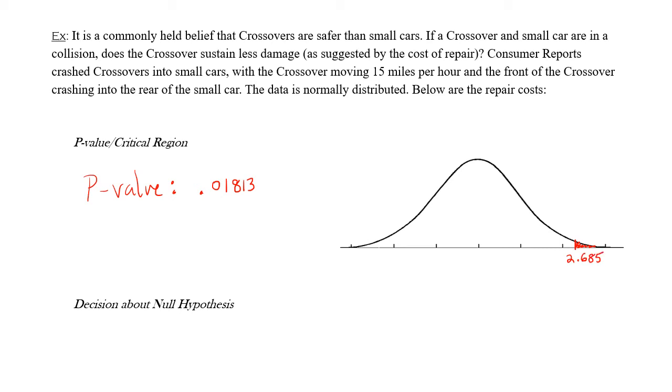Now this is a relatively small p-value, but if you recall from a previous slide, alpha was going to be 0.01 for this particular example. It was mentioned in a previous slide. You can look back if you want to see that. But now, what does that tell us about our decision? The p-value was actually greater than alpha in this case.